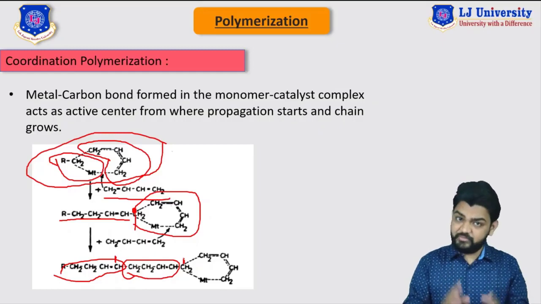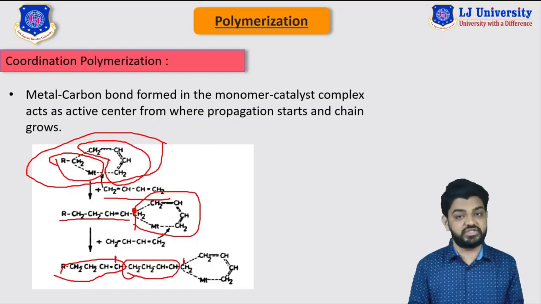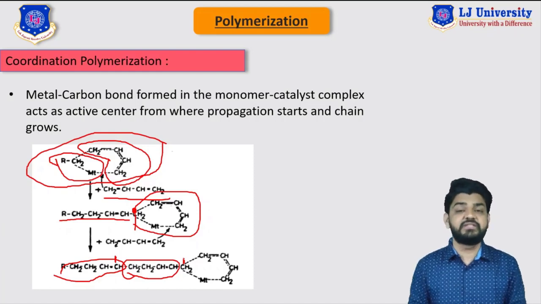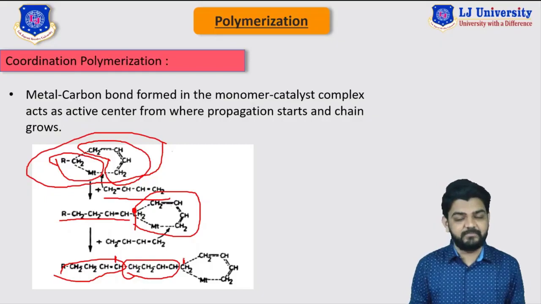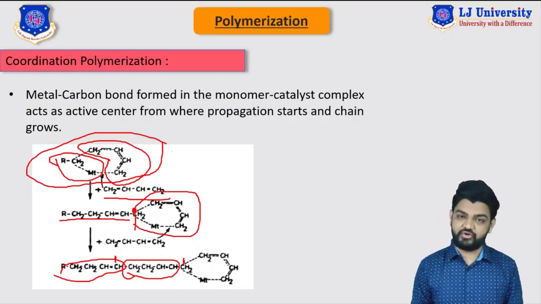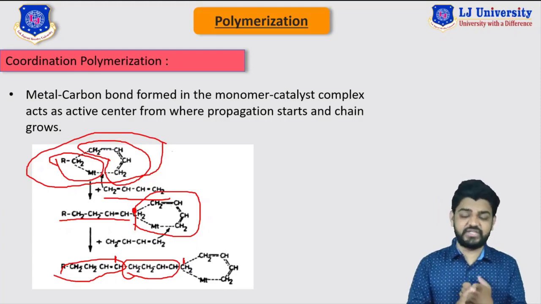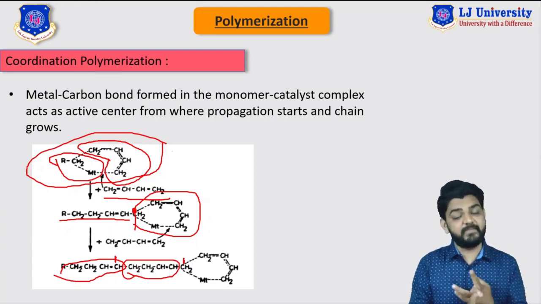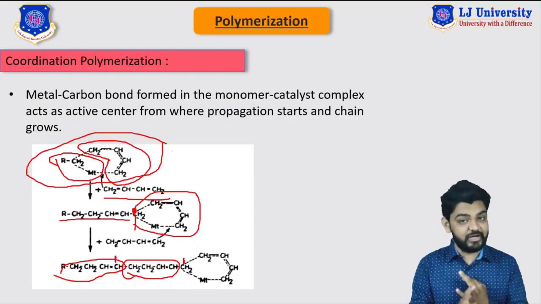This coordination polymerization is more about the catalyst that we are using for the initiation step. The rest of it is very similar to the free radical and ionic polymerization. So this was all about the coordination polymerization process, and this concludes all the chain polymerization. We have seen the free radical polymerization, then ionic polymerization, and lastly coordination polymerization.